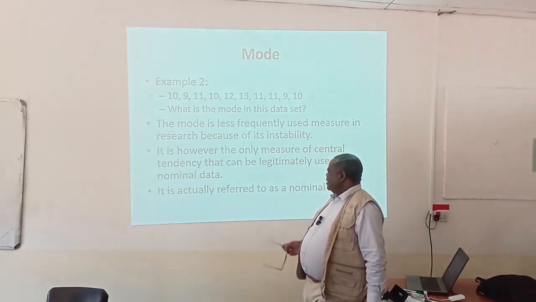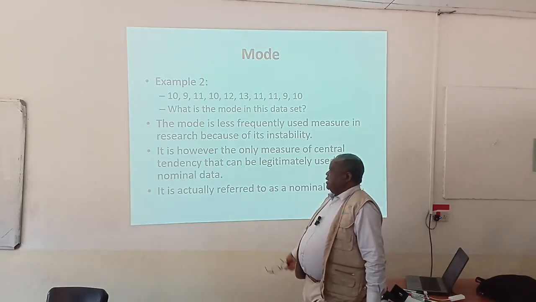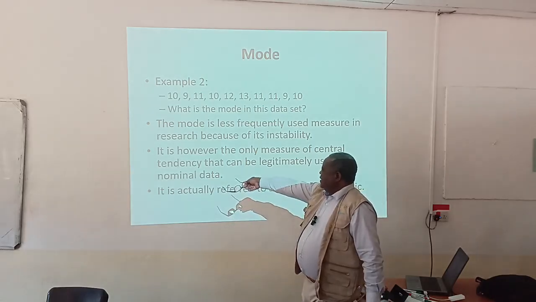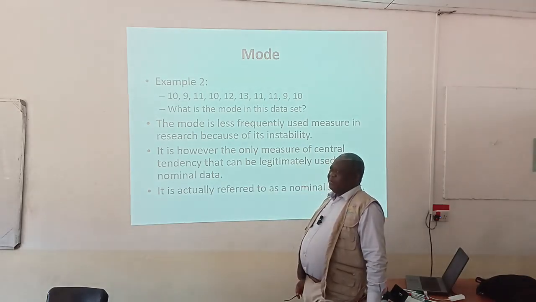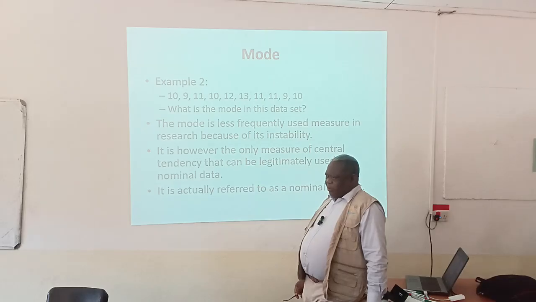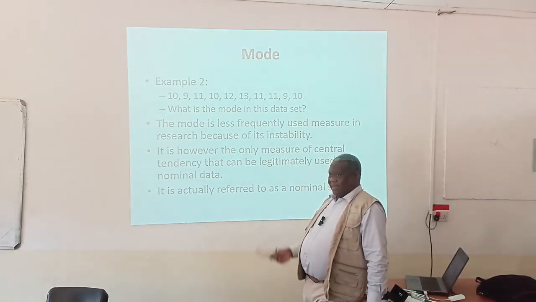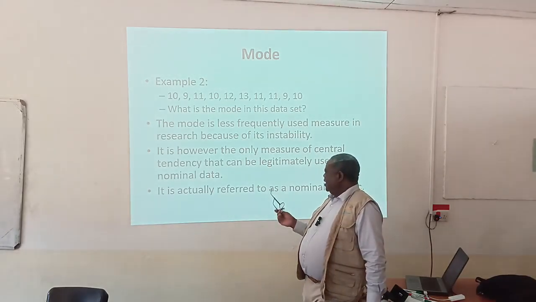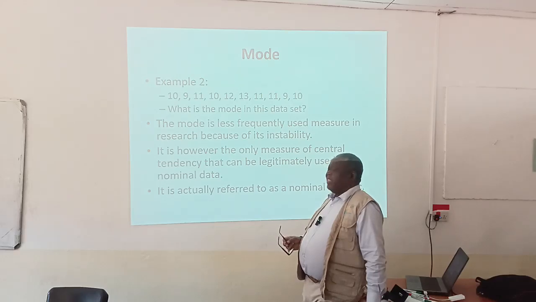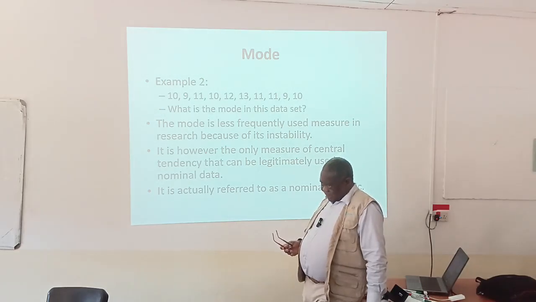It's instability. However, if your data set is measured in a nominal distribution, then the only measure of central tendency you can legitimately use is a mode. The other measures of central tendency would not be appropriate.